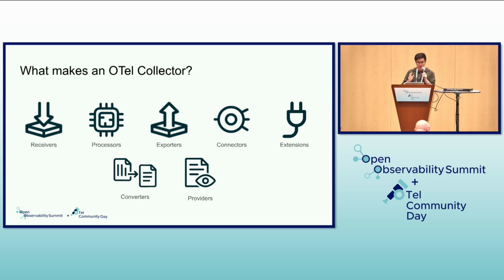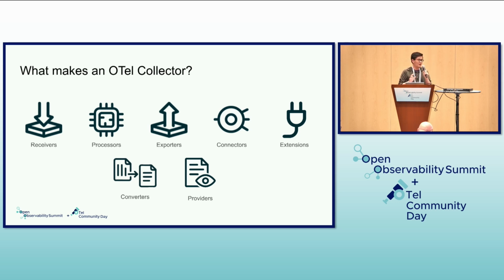I also want to talk about two less common components. One is converter, which does manipulation on the user-provided configs. For example, if you want to always add an extension to users' config to make sure that extension is always present, you can make use of the converter. And provider is the interface or the component for providing the configuration.